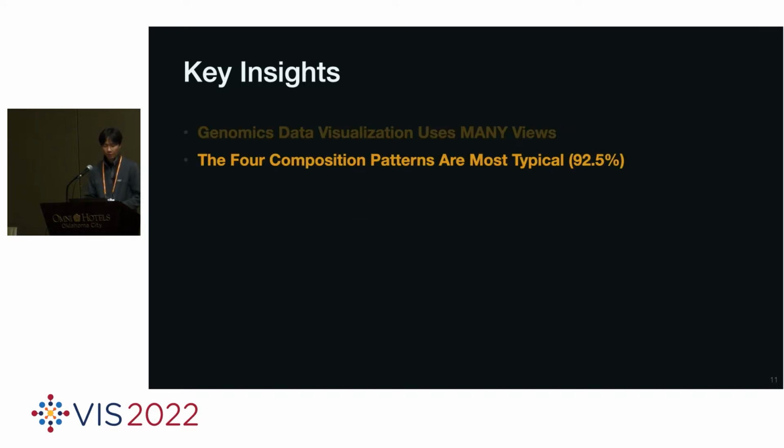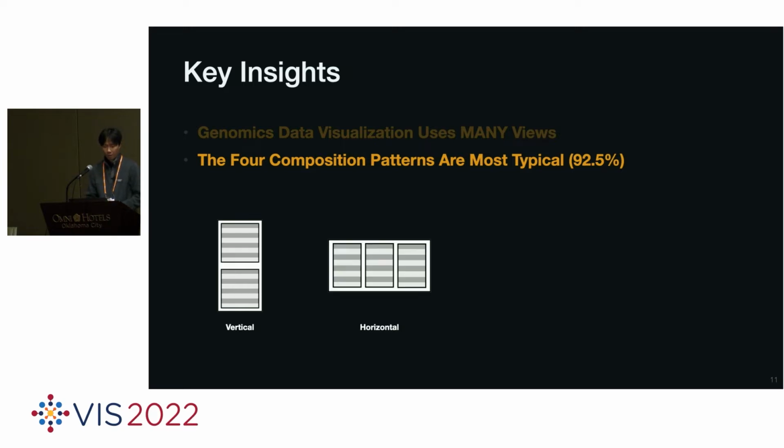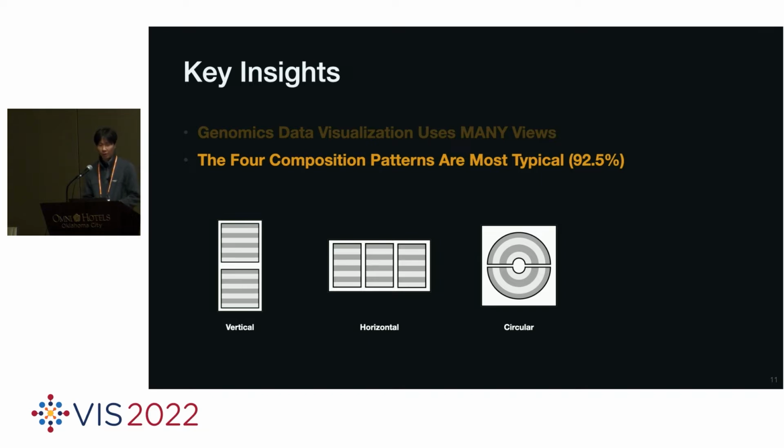Secondly, we found that 4 view composition patterns are the most common ones that cover over 90% of all visualizations. That includes vertically long composition that uses vertical juxtaposition only to compose views, horizontally wide composition that mainly uses horizontal juxtaposition, circular view-based composition that incorporates any of the radial visualizations, which is quite common in genomics.